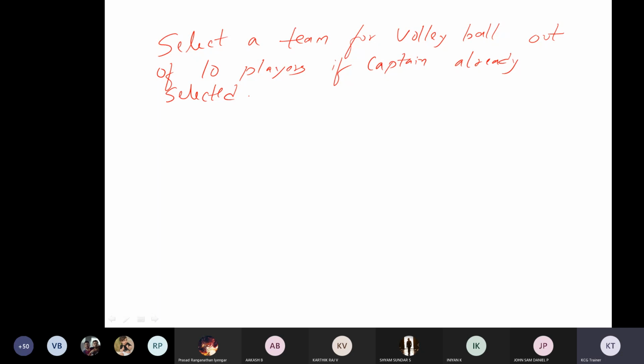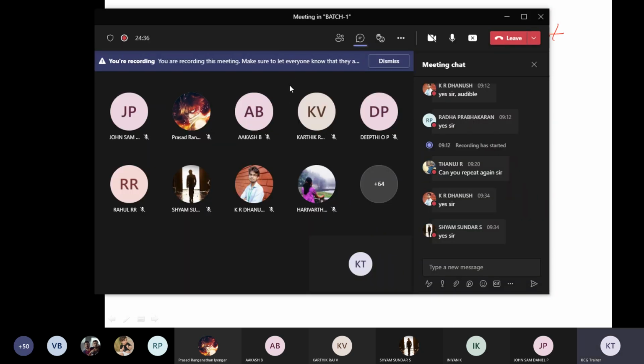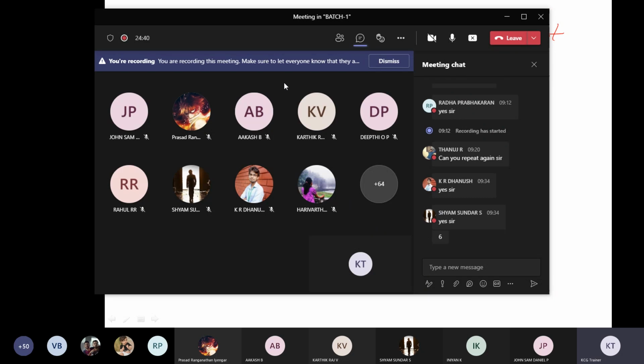At least type in the chat box, guys. How many people play in a volleyball team? Not a single person is aware of this answer. Anyone? Please respond in the chat box at least.